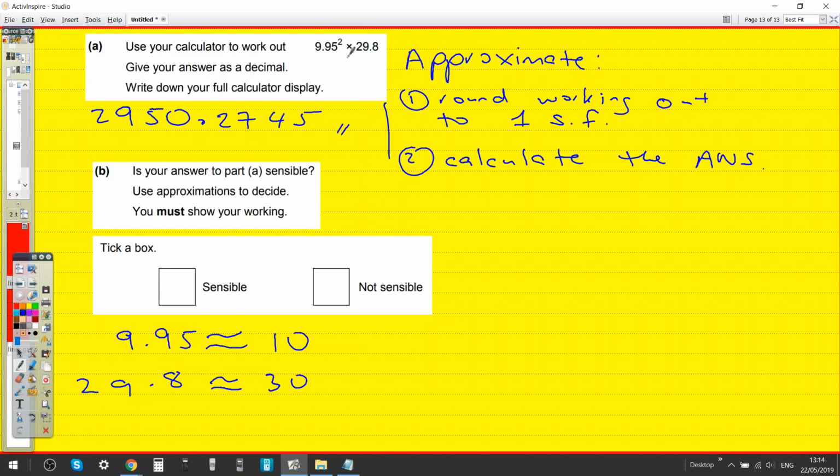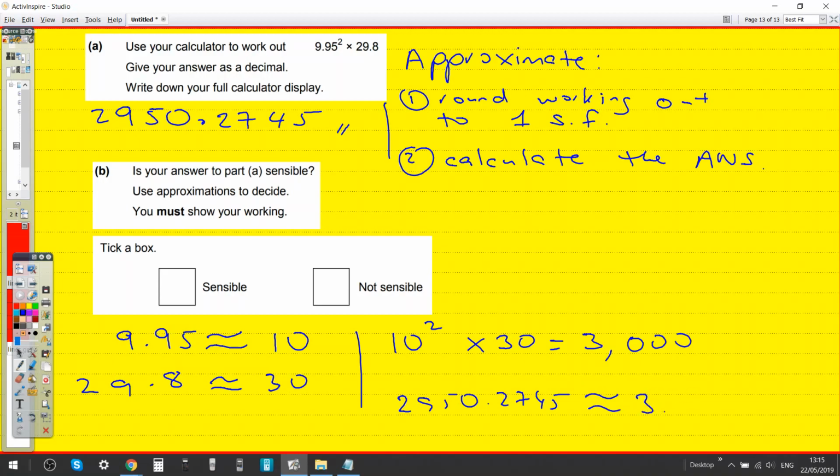Then don't forget the squared. Oh, oops. So 10 squared times 30 is 3,000. And is 2950.2745 reasonably close to 3,000?